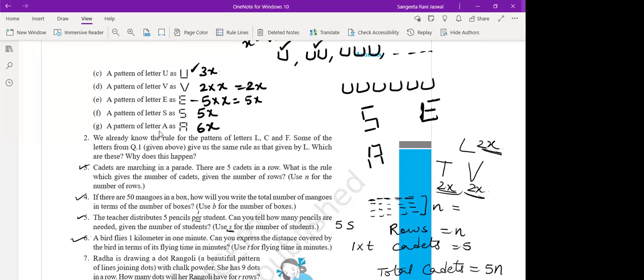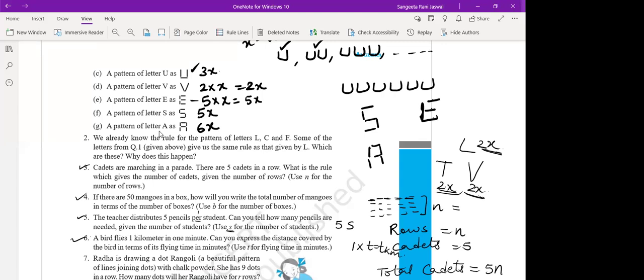So time is T, so that is 1 into T kilometers. Ma'am, isn't it 1T? Yes, 1 into T only.